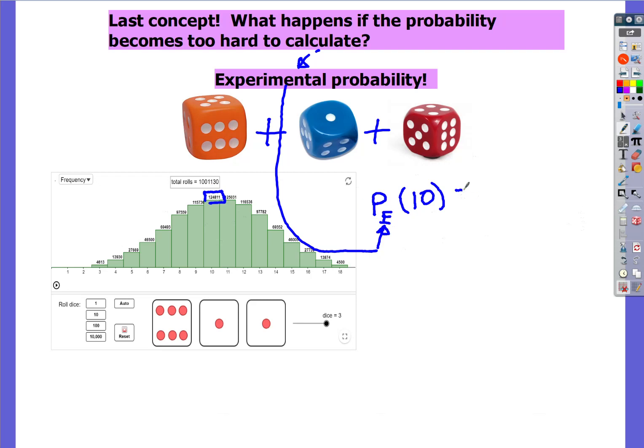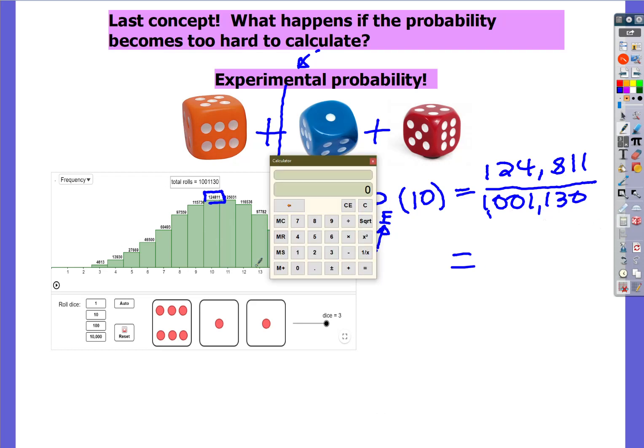So we were able to roll a 10 124,811 times. Again, this is going to be quite the fraction in 1,130 rolls. And we could quickly do a decimal approximation for this.